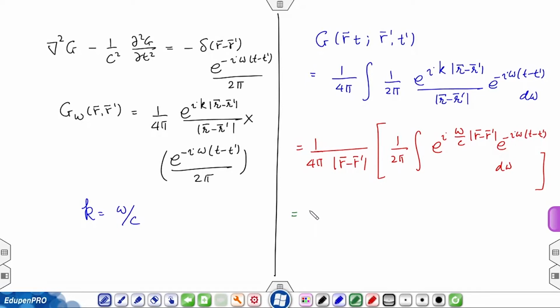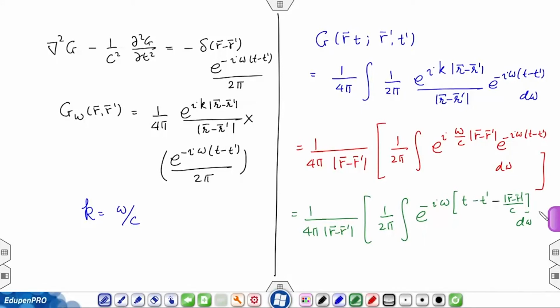which is equal to 1 over 4 pi modulus r minus r prime, 1 over 2 pi integration e raised to minus I omega t minus t prime minus r minus r prime over c d omega.